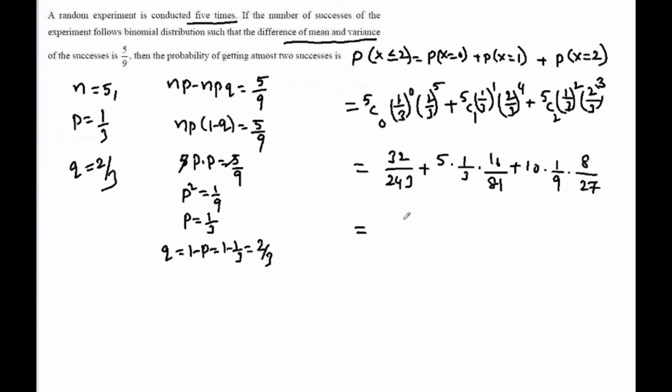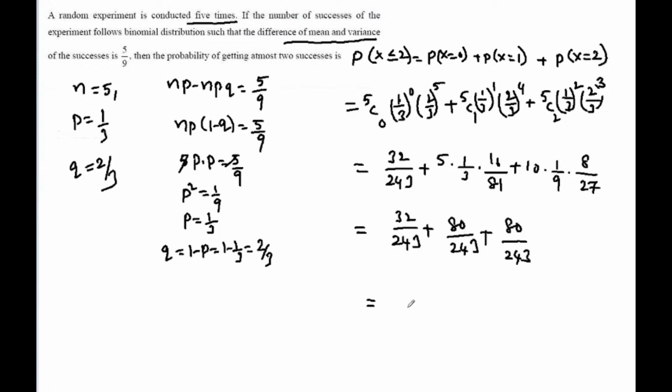So that is equal to 32 by 243 plus 5 into 16, 80 by 243, plus 10 into 8, 80 by 9 into 27, 243.